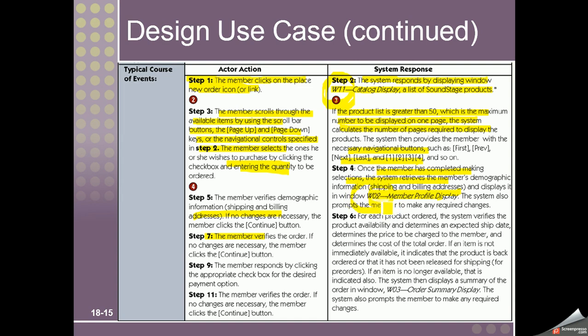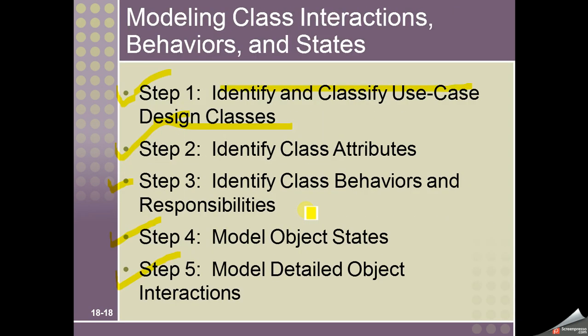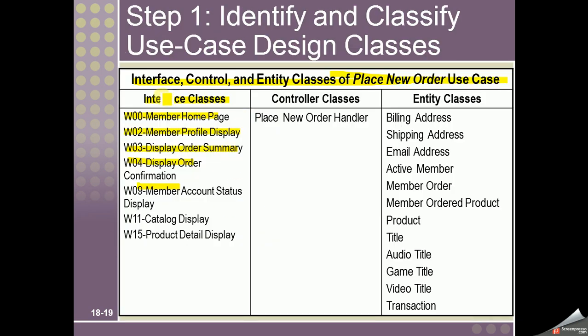Here I can see W02, member profile display, and so on and so forth, right? So from there we can identify all the interface classes. We have only one control class, which is place new order handler, and we also identify all the entity classes which contain information about various entities or various objects in the system. So these are all the entity classes taken from the use case shown to you before.